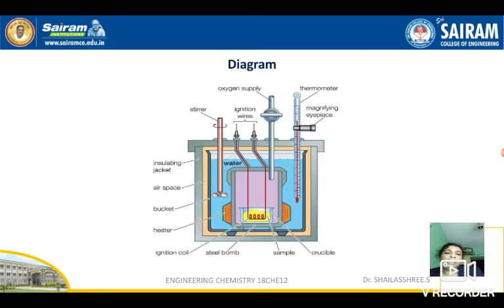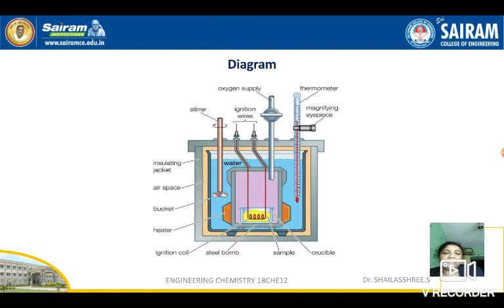This is about the diagram. You have to write a neat labeled diagram of a bomb calorimeter. The bomb calorimeter consists of, at the center of the apparatus, a platinum crucible for placing the fuel sample whose calorific value has to be determined.